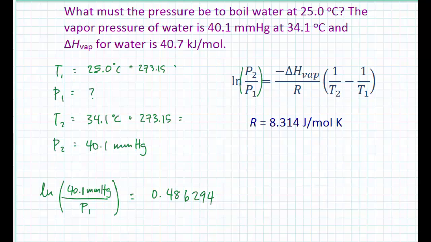Say that again? Oh, for units. Well, what do we think here? You'd have joules per mole. You'd have joules per mole Kelvin. You'd have per Kelvin over there. Let me write this out.